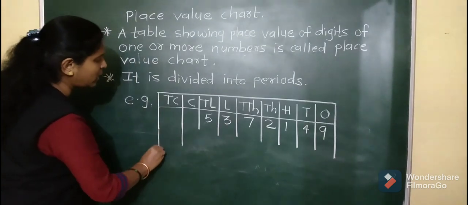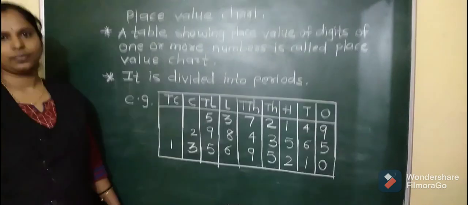For an 8-digit number, it starts with, yes, crores. So now for the next number we will write one example, 2 crore 98 lakh 43,565.